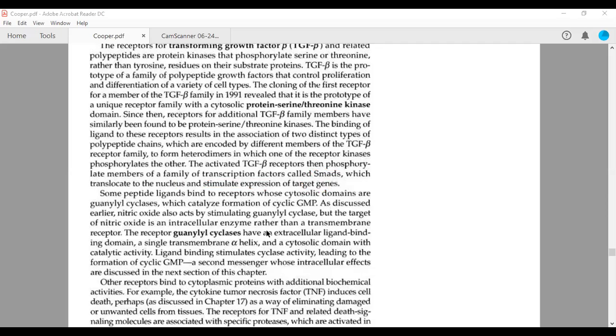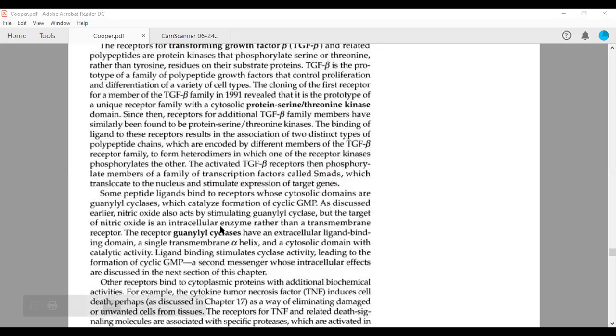From here we are able to understand that not all cell proliferation and differentiation controlling kinases are tyrosine kinases, but some of them, for example, transforming growth factor beta receptors or the related ones, are serine or threonine kinases. Okay, so they are not tyrosine kinases again.